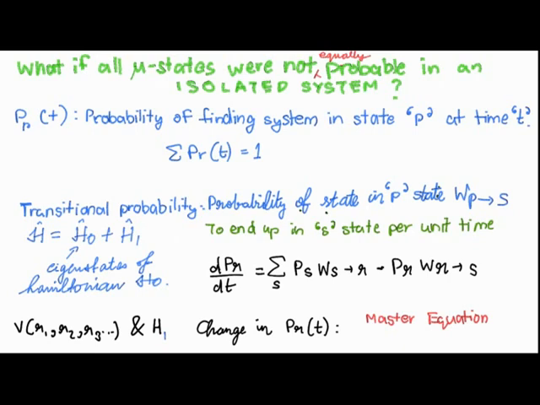Can we say something at all? So to start discussing it, what we start with is a very general statement, right? Suppose P of R at a time t is the probability of finding a system in microstate R at a certain time t.